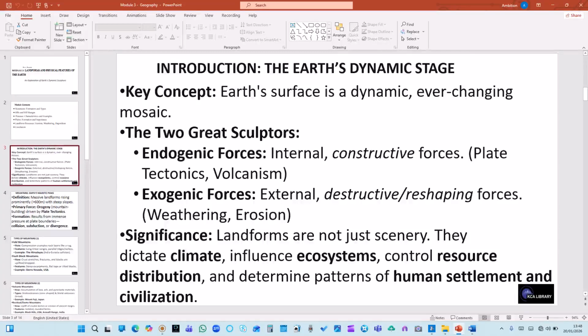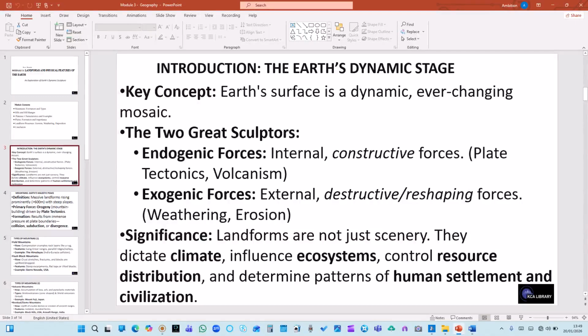Example, plate tectonics and volcanism. And the exogenic forces, which are external, usually destructive and reshaping forces. Example, weathering and erosion. So these are two major forces that shape the Earth's surface.